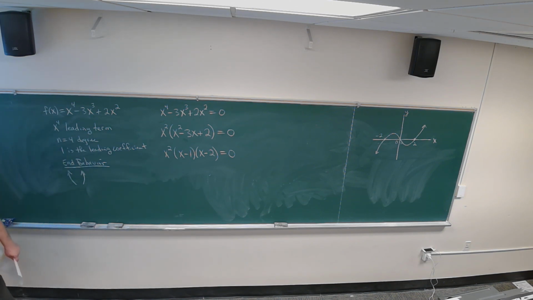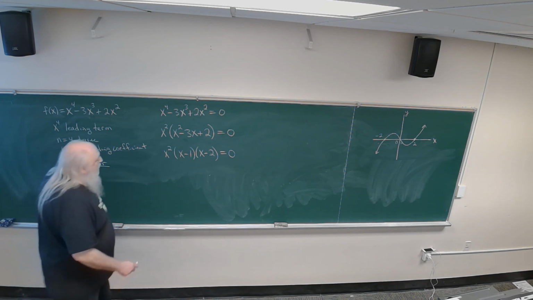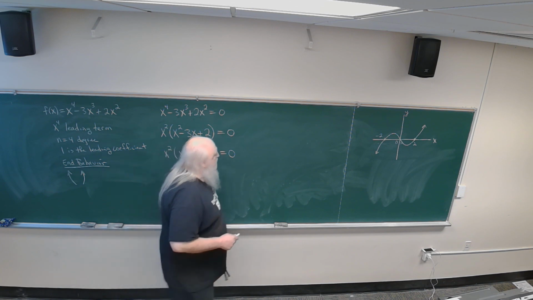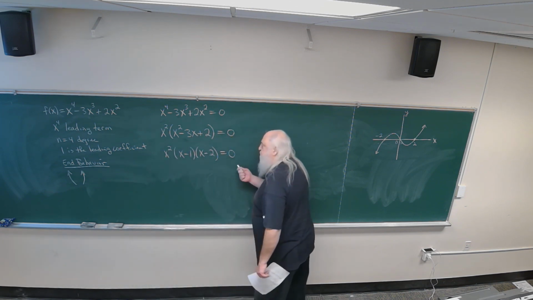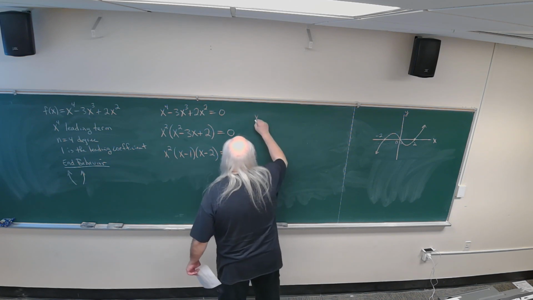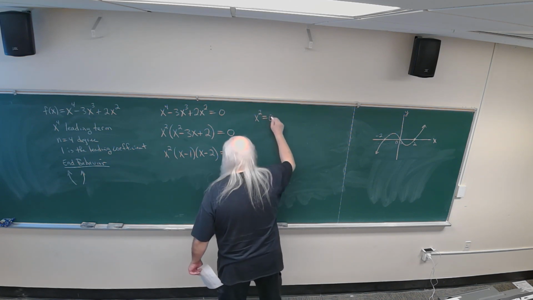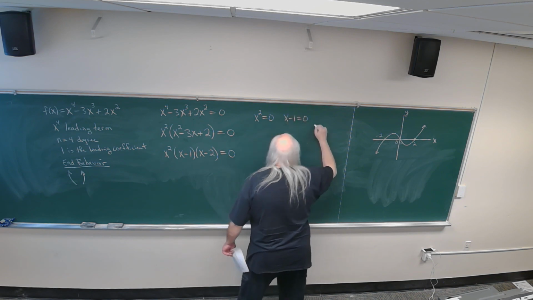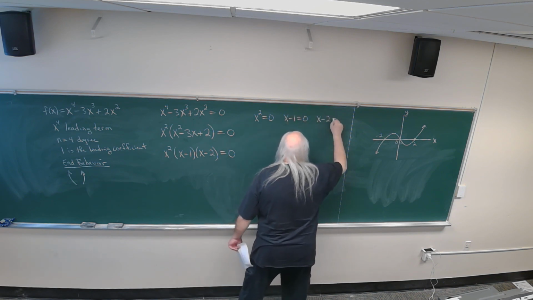Okay. Now we have a product of 3 factors that equals 0, so one of those factors has to equal 0. Either x squared is equal to 0, or x minus 1 is equal to 0, or x minus 2 is equal to 0.